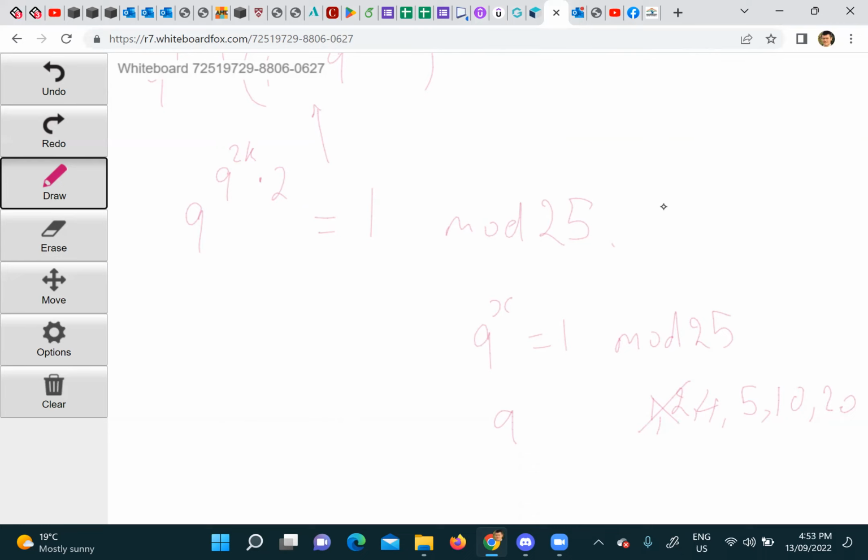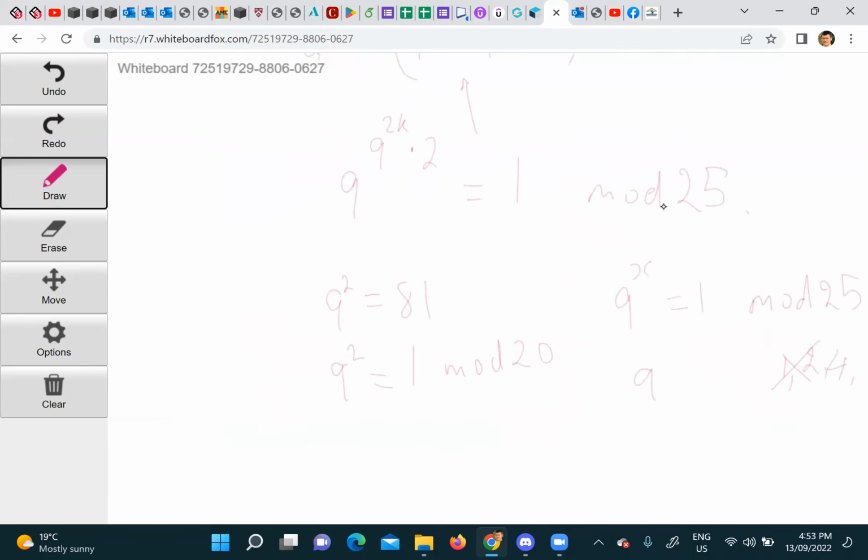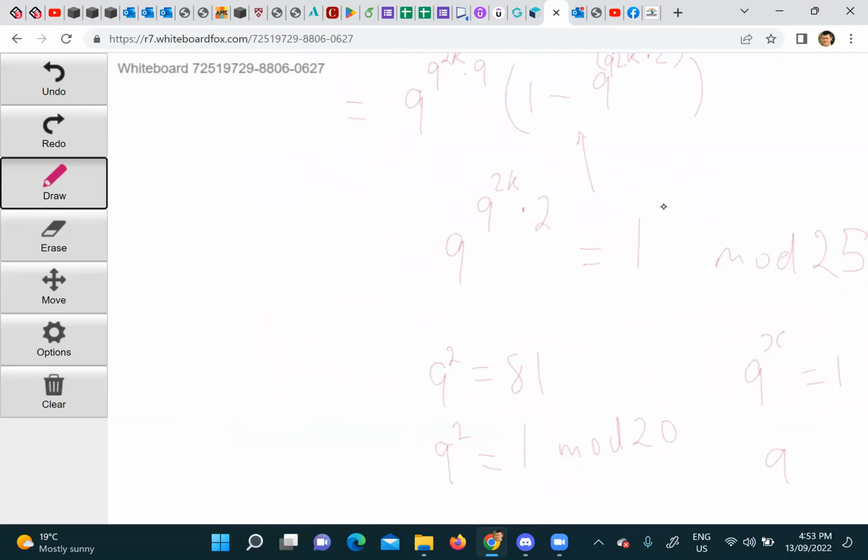So, 9 squared is 81, right? So 9 squared equals 1 mod 20, yeah? So if 9 squared equals 1 mod 20, then we take the power here mod 20. So it's just 1 to the k, times 2.